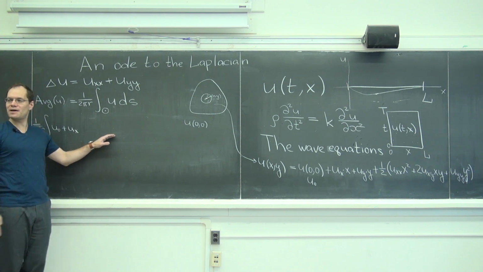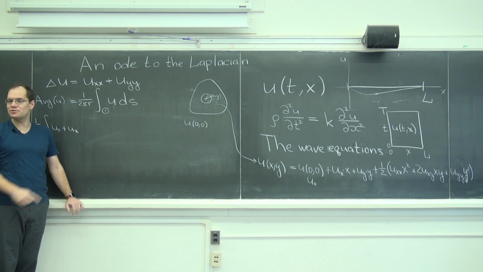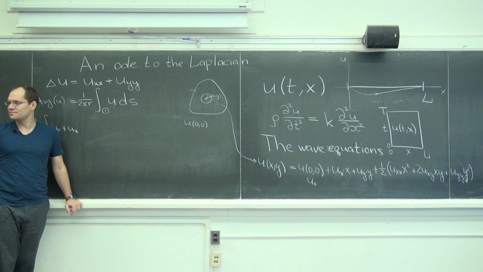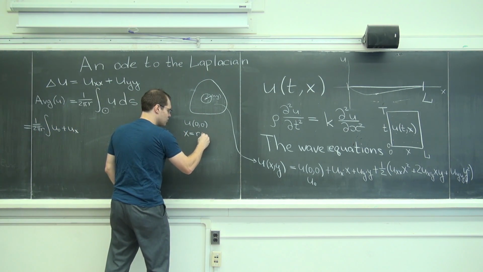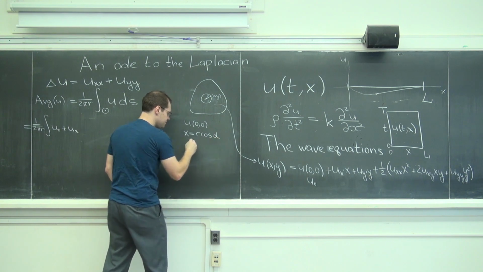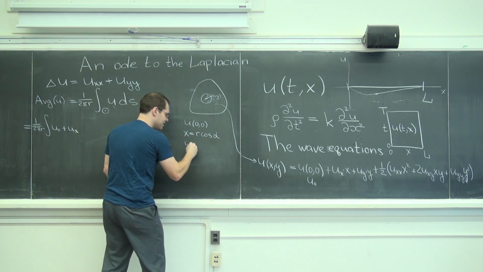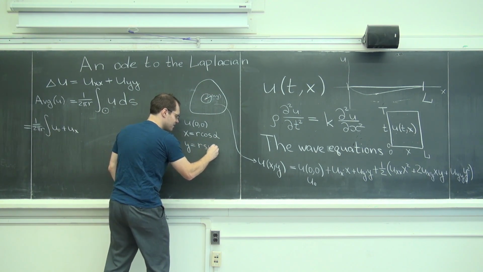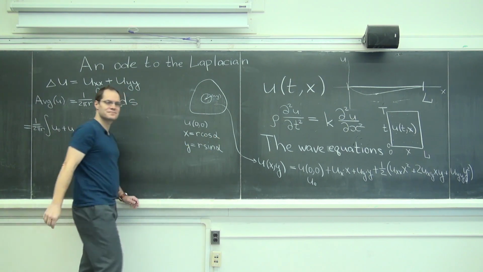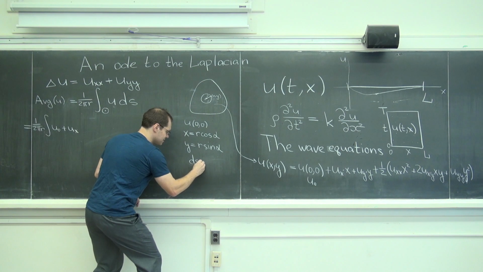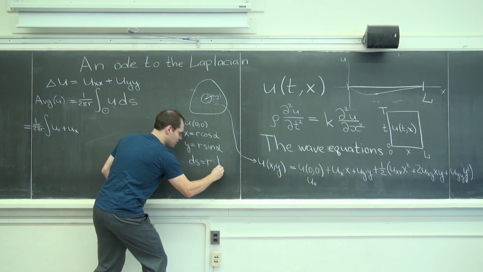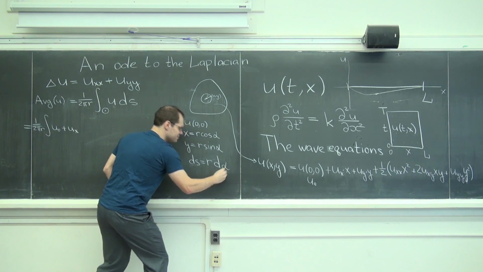So just to save space and time, now is the time to parameterize this circle. And to say that x equals r cosine alpha and y equals r sine alpha, and ds equals r d alpha.